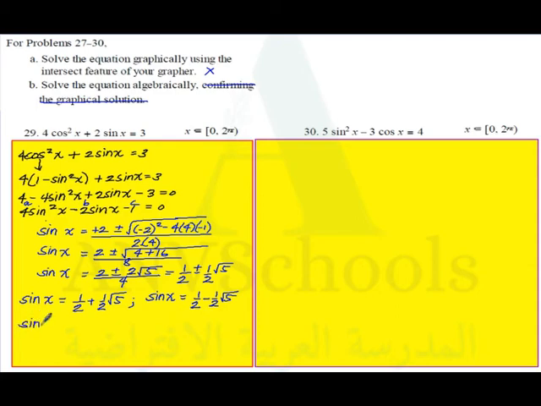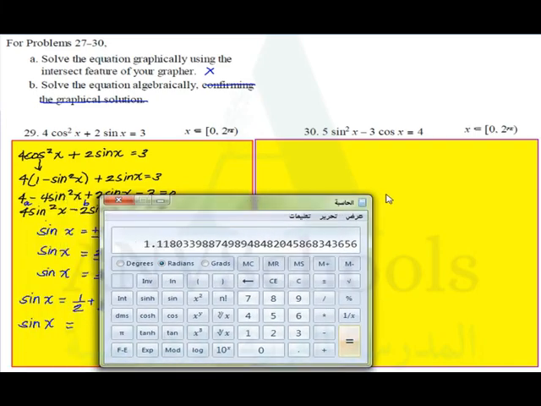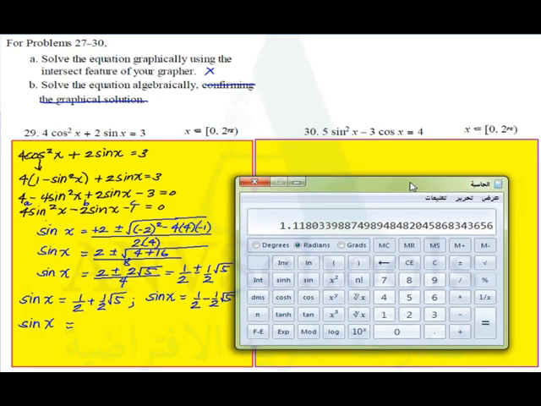So in this case, square root of 5 divided by 2 equals 1.1180 plus 0.5.